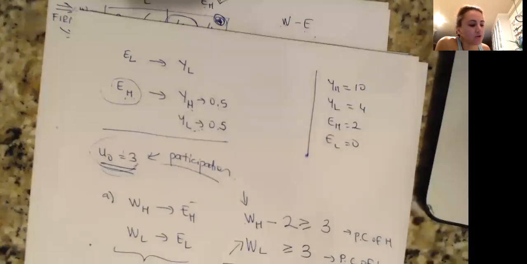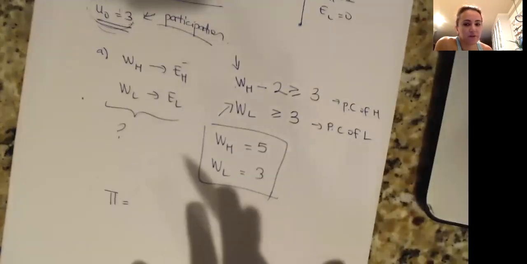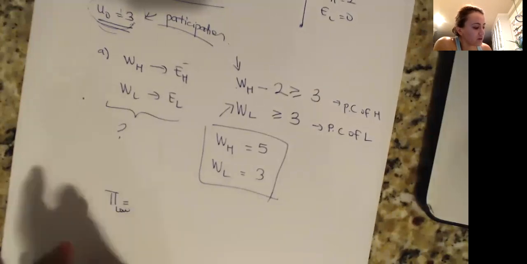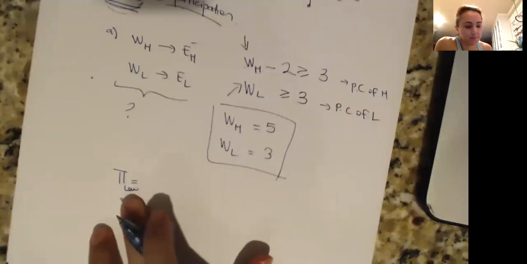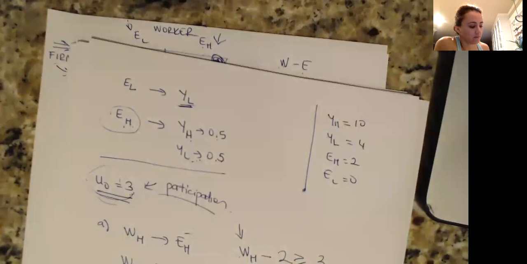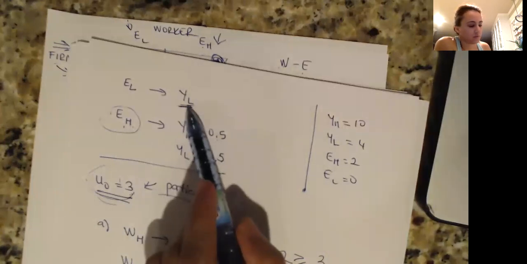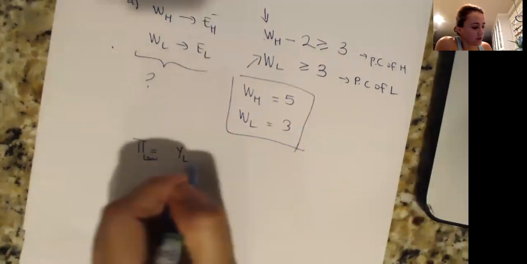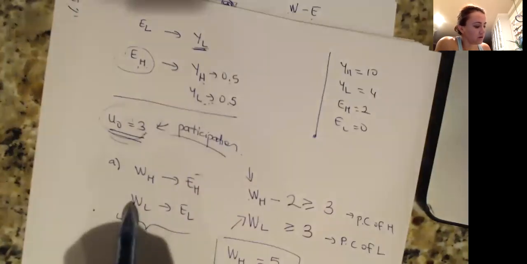And remember, I know who is low effort, who is high effort, okay? So if the worker showed low effort, then I will definitely get an output of YL, right? That's for sure. And I'm paying the worker WL.